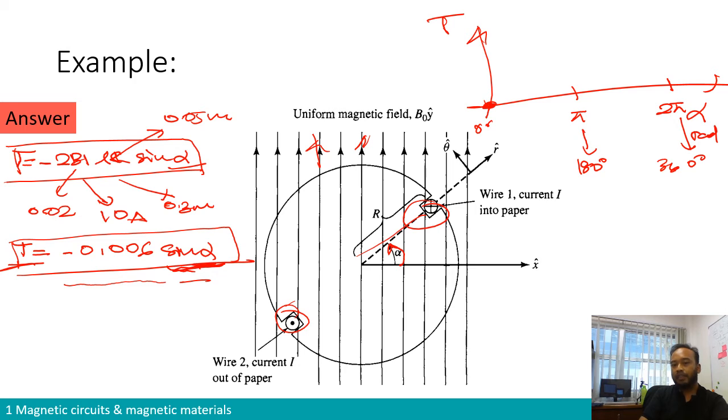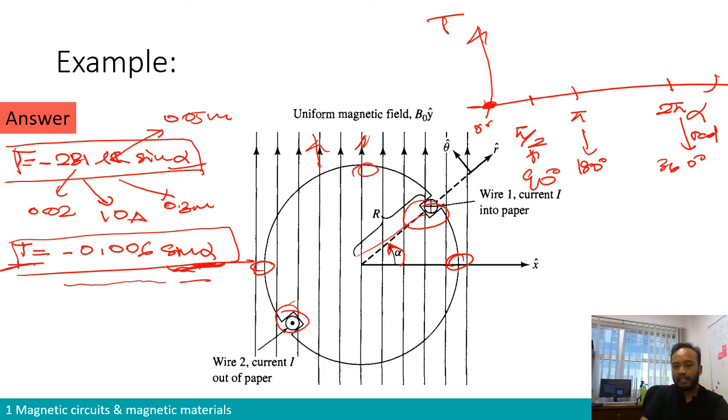So if your conductor is over here, your rotor of your machine will not produce any torque at all. But what happens if alpha, not theta, I'm sorry, equals pi over 2, or 90 degrees?